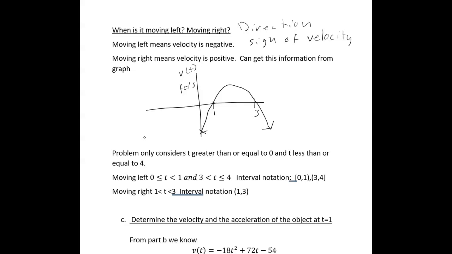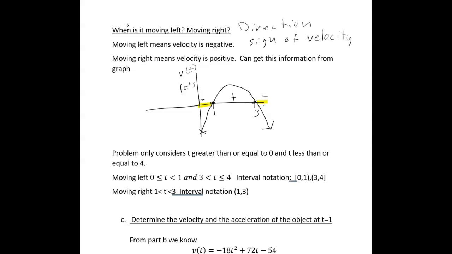I know the value was 0 at 1 and 0 at 3. Until I got up to 1, though, my velocity was negative. And then from 1 to 3, my velocity is above the x-axis, so it's positive, and then it becomes negative again. So it's moving to the left from t is this to this, from 0 to 1, and again from 3 to 4.